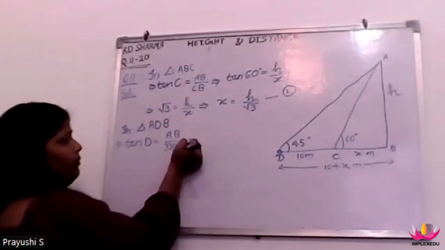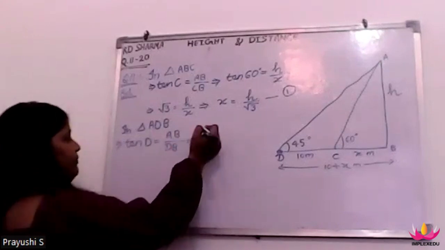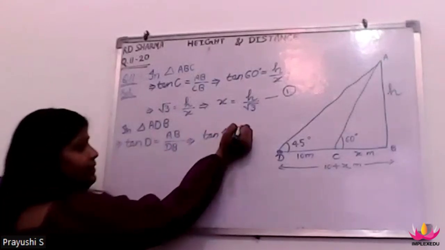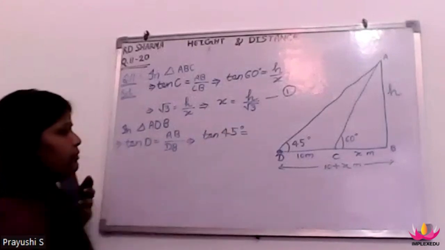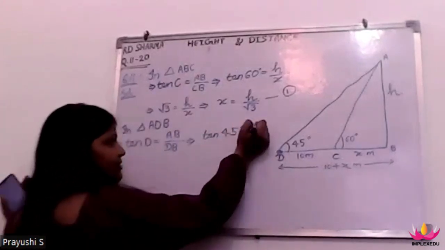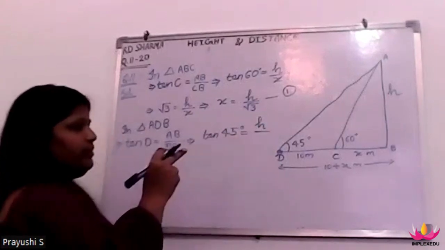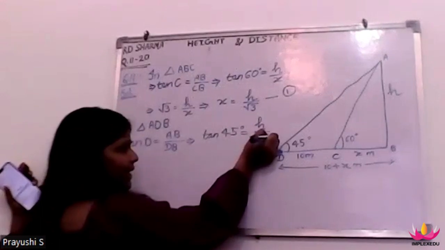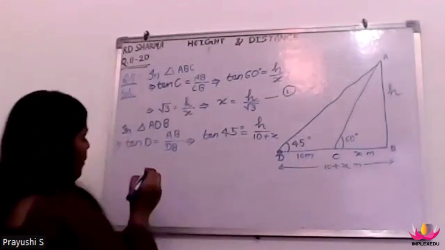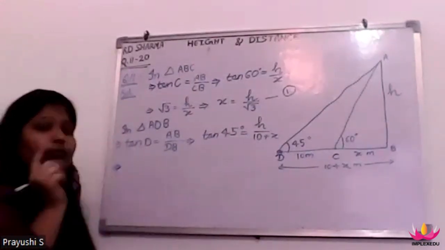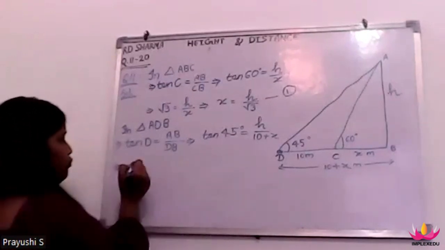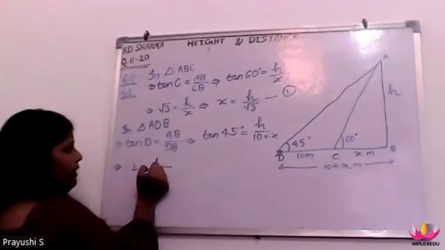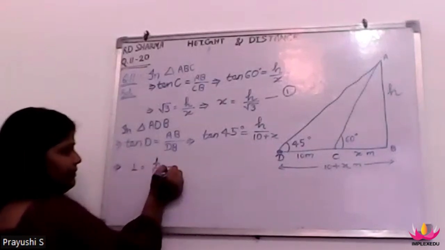Now, tan D is tan 45 degrees, which is equal to AB, which we take as h, upon DB, which is 10 plus x. We know that the value of tan 45 degrees is equal to 1. So 1 is equal to h upon 10 plus x.